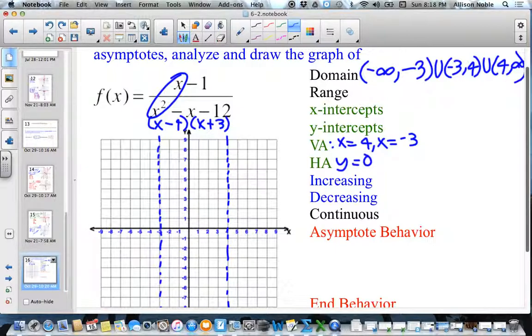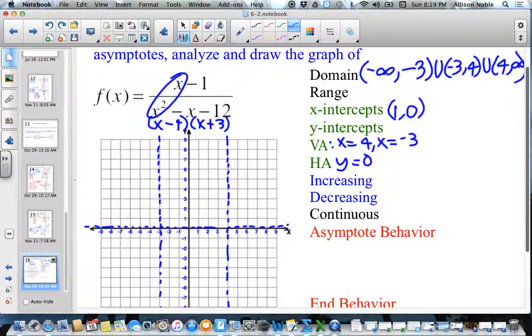But I'm not going to write my range in yet, because horizontal asymptotes are often true for the outsides of the graph and not true for the inside of the graph, which you'll see here. So they're not true asymptotes. So my x-intercept, when I plug in 0 for y, would give me 1, 0.